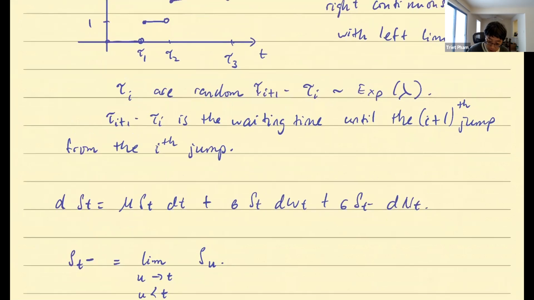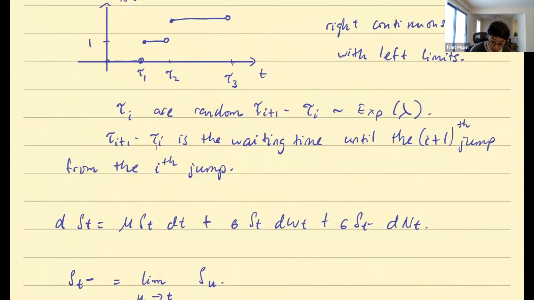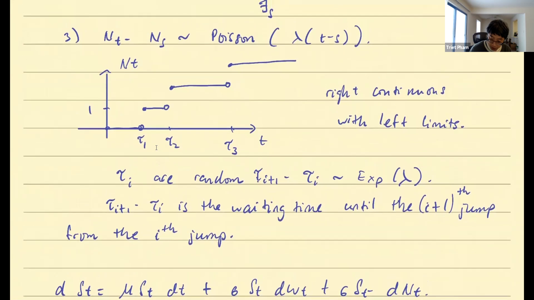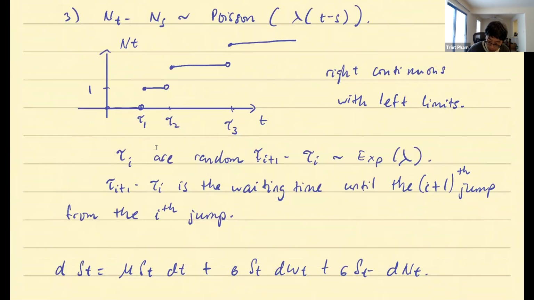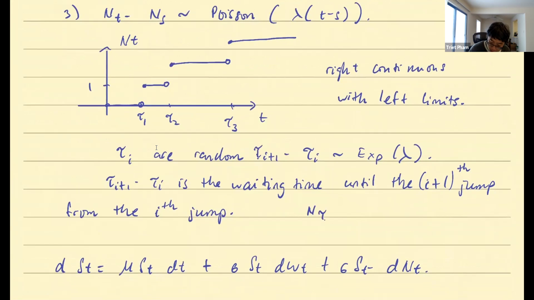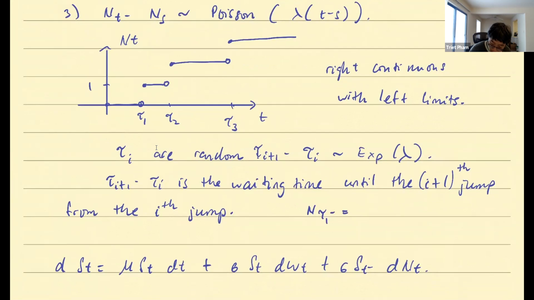So the reason is this. What happens is because the convention is we let the Poisson process be right continuous with left limits. So if you were to look at the Poisson process, N_{tau 1-} would be 0.